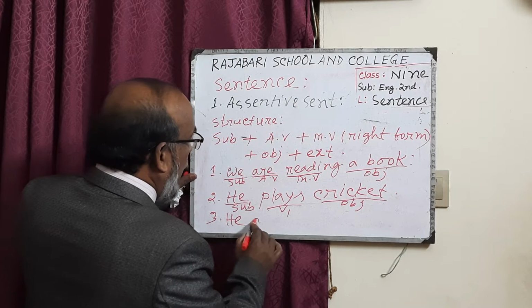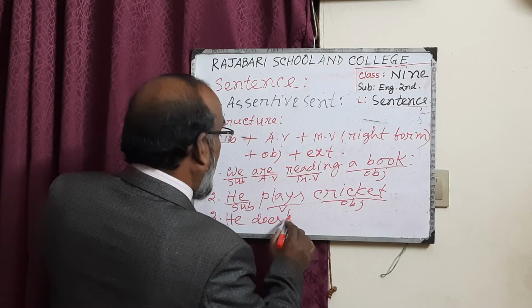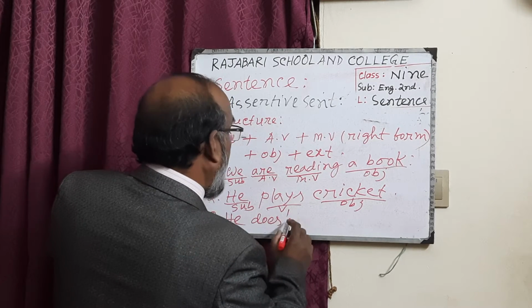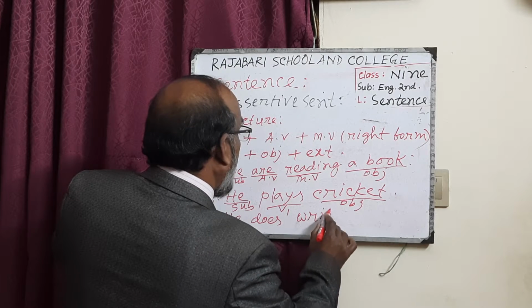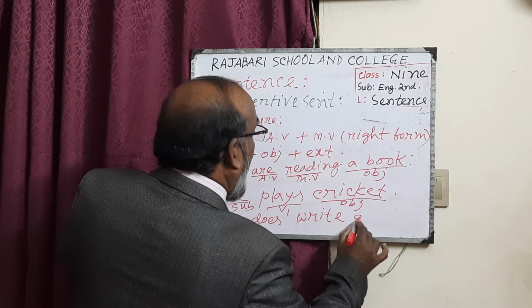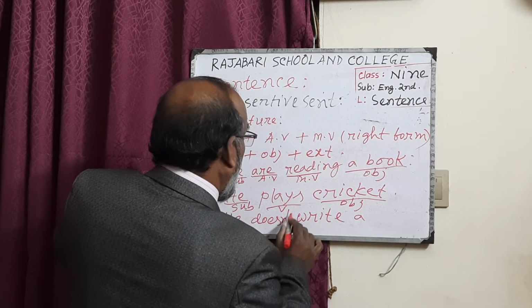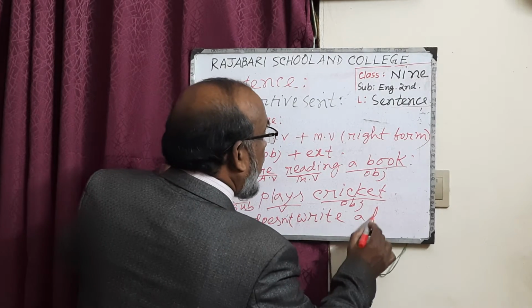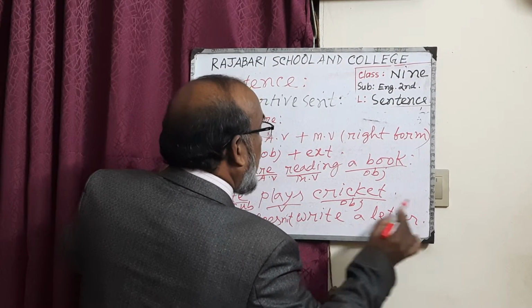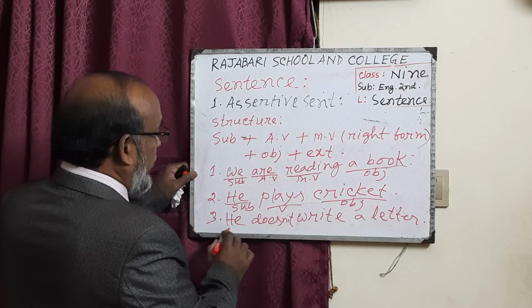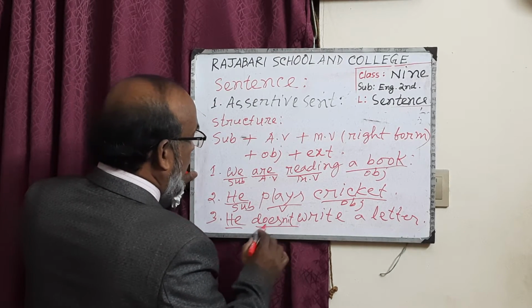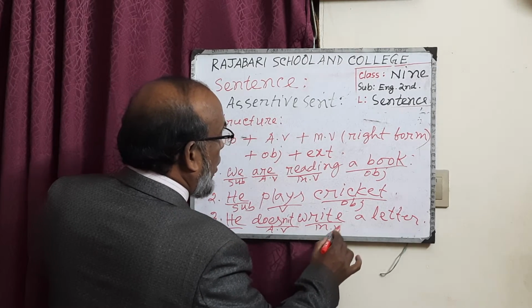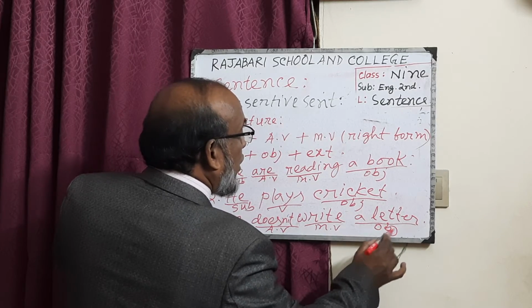For example, he doesn't write a letter. Here you can see subject and auxiliary verb and main verb and object.